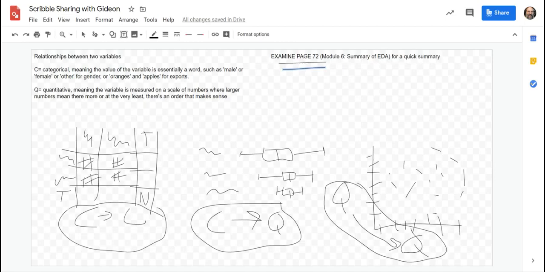Again, for category, all you're doing is counting how many in each. Category to quantitative means you have numerical data for each of the different, very distinct flavors of the other variable, and that quantitative data needs its own separate display for each of the categories.